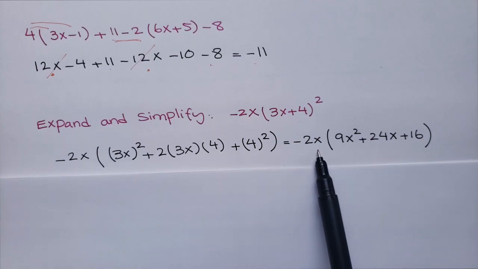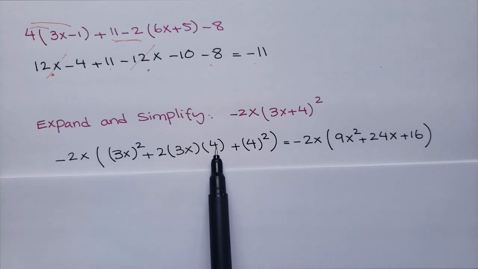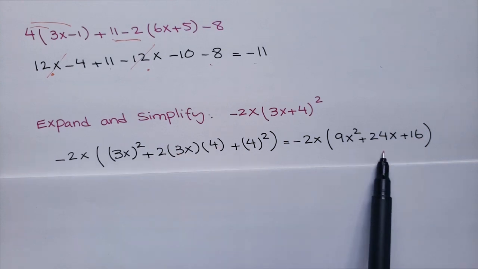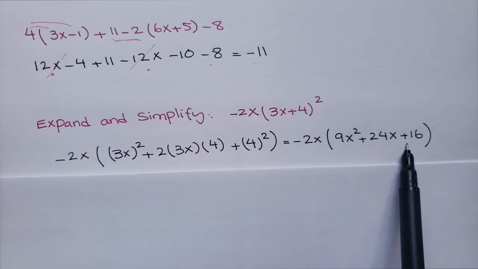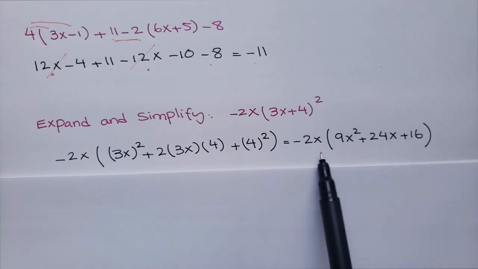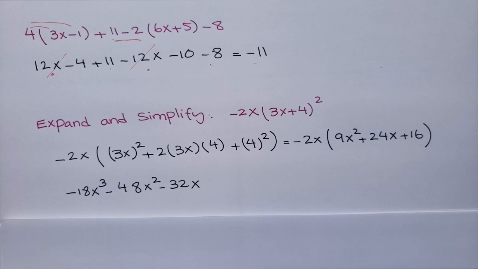So that would be negative 2x, 9x squared, 2 times 3, 6, 6 times 4, 24x, 4 to the power 2, 16. This is the most simplified format. Now I have to multiply negative 2x by this parenthesis. So that turns into negative 18x cubed, negative 48x squared, and negative 32x.